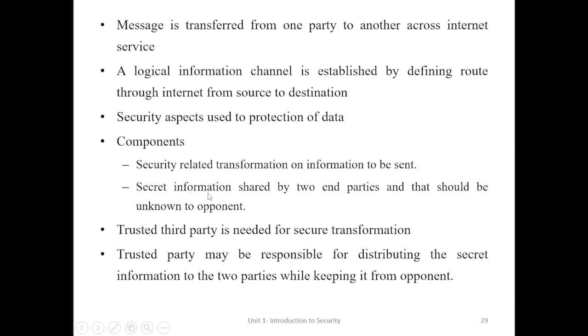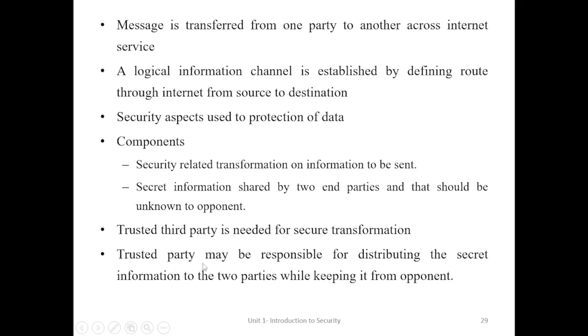Any secret information shared between two entities should be unknown to the opponent, which means that an attacker cannot be able to break that secret information. For that purpose only, we should design the network security model. The role of a trusted third party is needed for secure transformation.